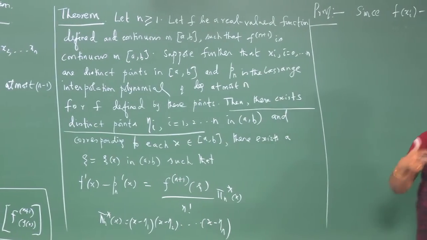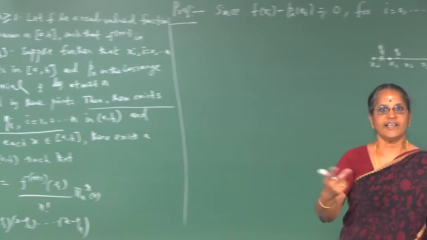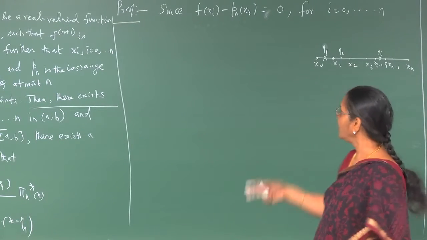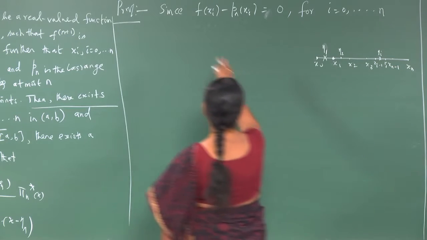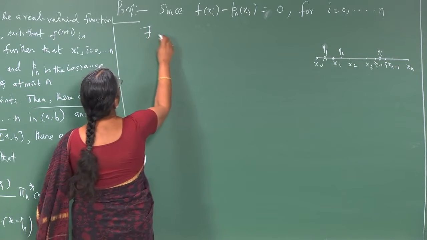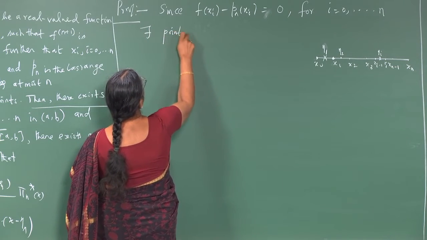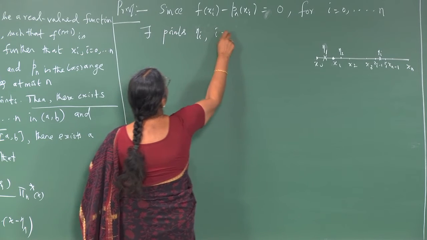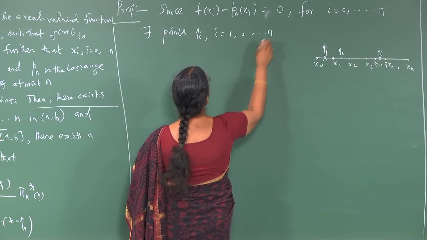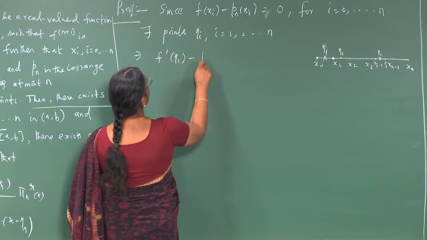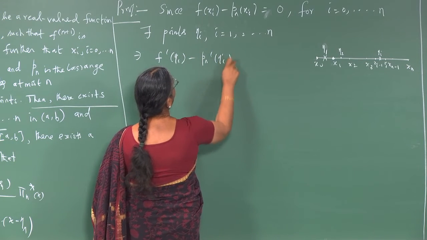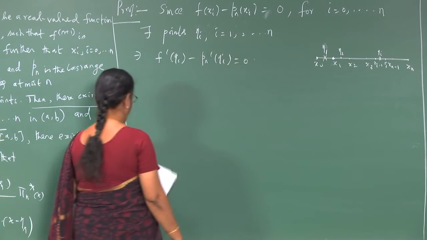You have been able to get those points. What are these points? These are points at which f dashed minus p n dashed vanishes. So, there exist points eta i for i equal to 1, 2, 3 up to n such that f dashed of eta i minus p n dashed of eta i is equal to 0.